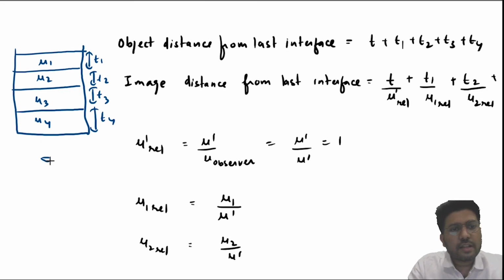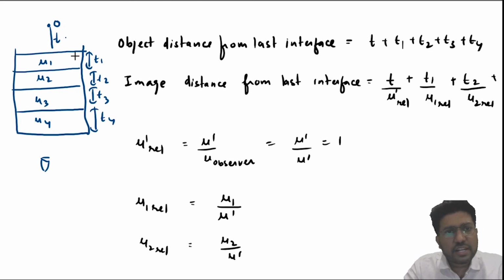Okay, and this is the observer and this is the object. Suppose this distance is T. Then what is the object distance from the last interface? Listen carefully. It is T plus T1 plus T2 plus T3 plus T4, right?